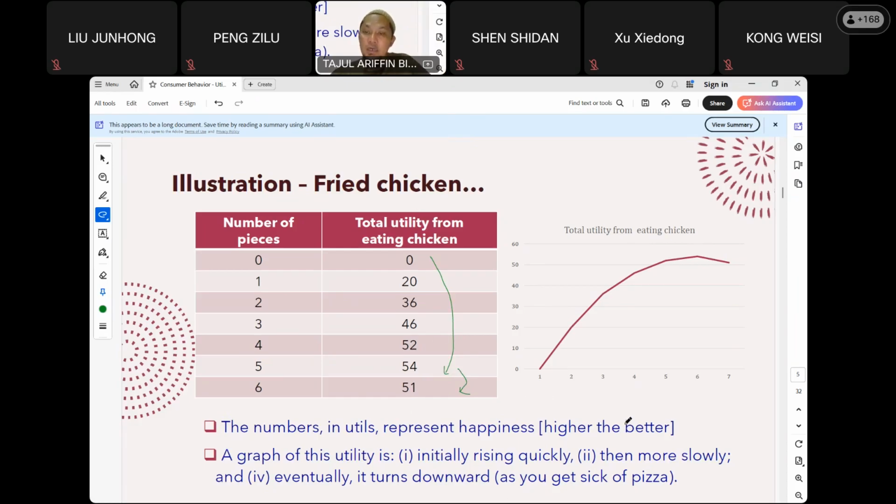So if you plot total utility versus quantity, you will get this curve: increasing at an increasing rate, then increasing at a slower rate, and eventually declining. This one could be number 1, this one number 2, and this one number 3.